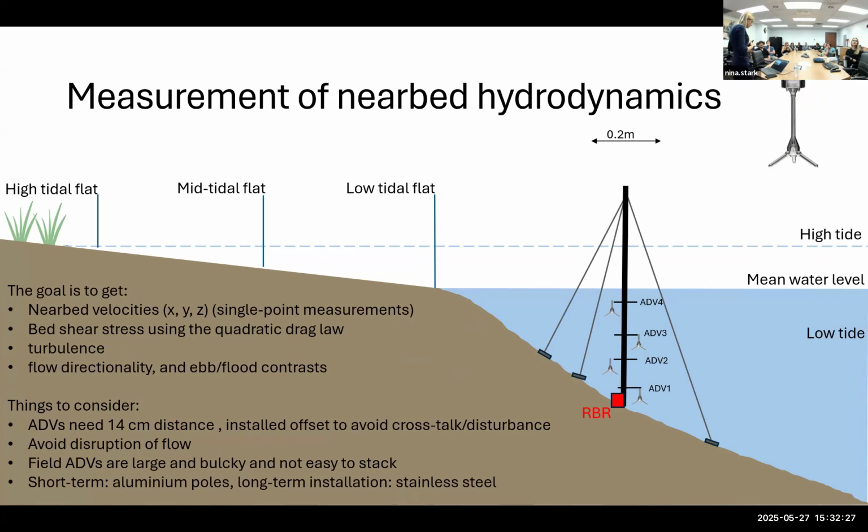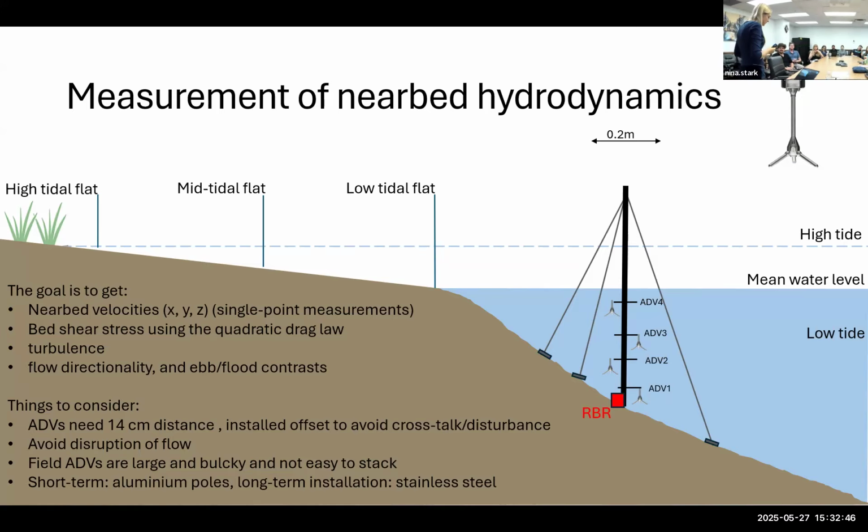Things to consider are that those ADVs need 14 centimeters of distance from the bed. Sometimes they try to connect with each other and disturb each other, so you need to install them out of each other's way to avoid disruption.